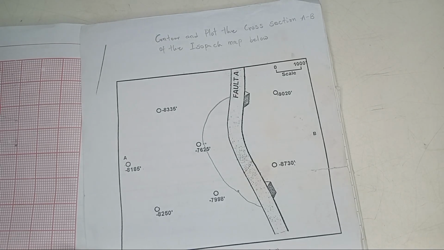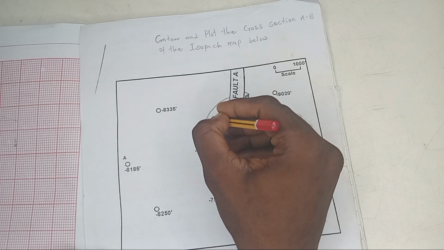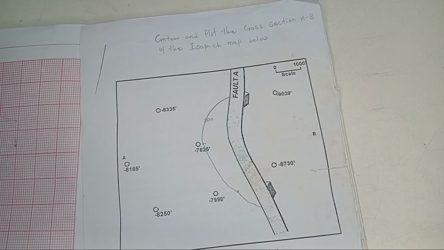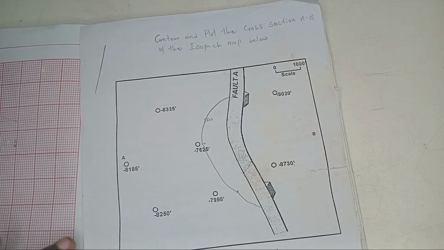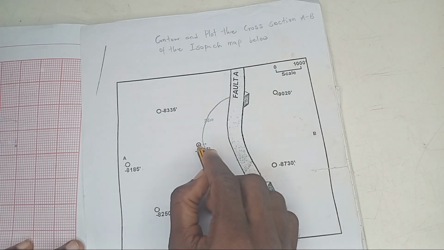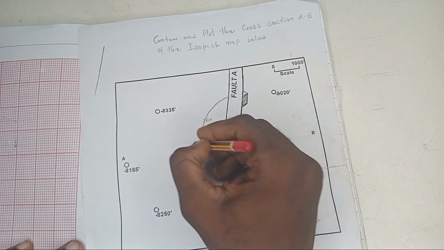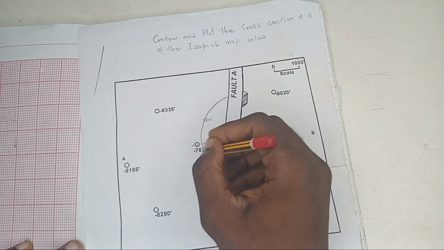Can you see? 7,600. After 7,600, the contour interval we have picked is what? 100. So next one is what? 700. If this point is our reference point, 7,625, 7,700 will be after this point, right? So immediately after it is closer to 7,625.